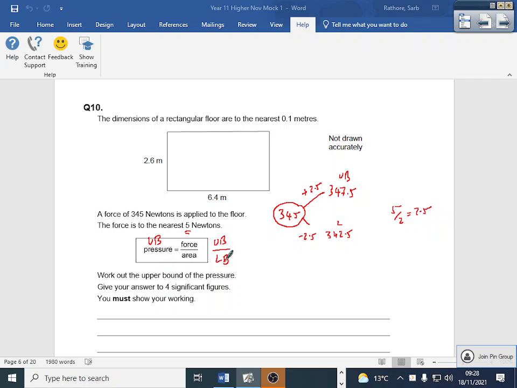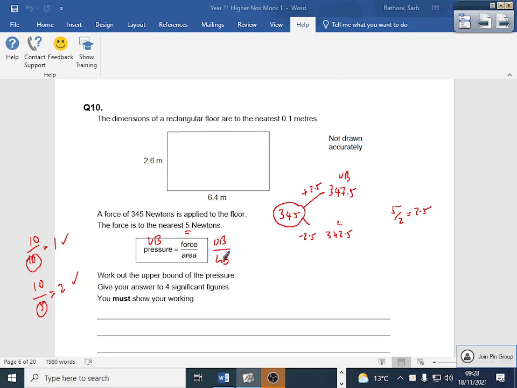Just remember, if you divide 10 by 10, that gives 1, but if you divide 10 by 5, that gives 2. So the smaller the number on the denominator, the bigger the value you get. So this has to be the lowest value you can get to give me the highest value.